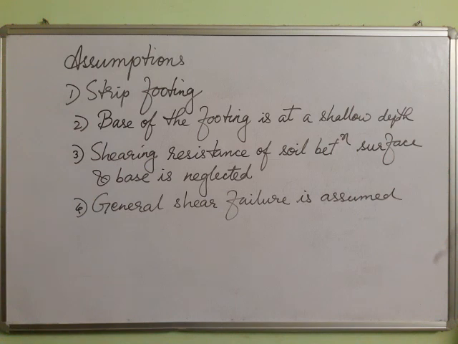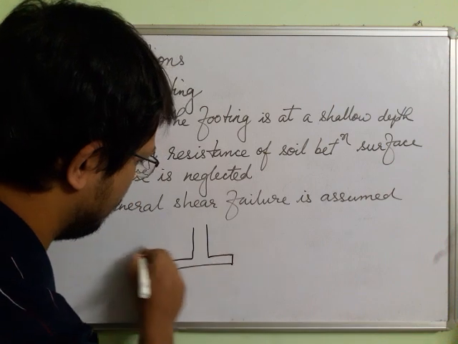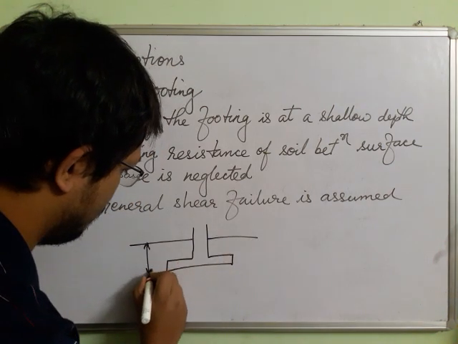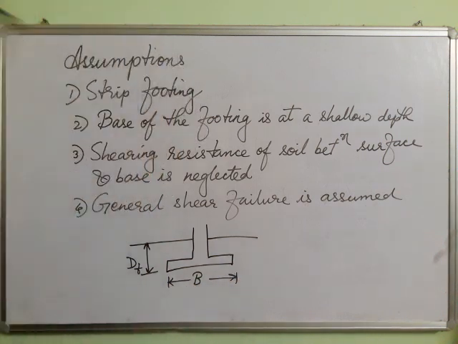Now, the second one is that the base of the footing is at a shallow depth. That means whatever the depth of the footing from the surface of the soil, that should be less than the width of the footing. So if we consider that this is the footing, in this case, this is for condition number 2.